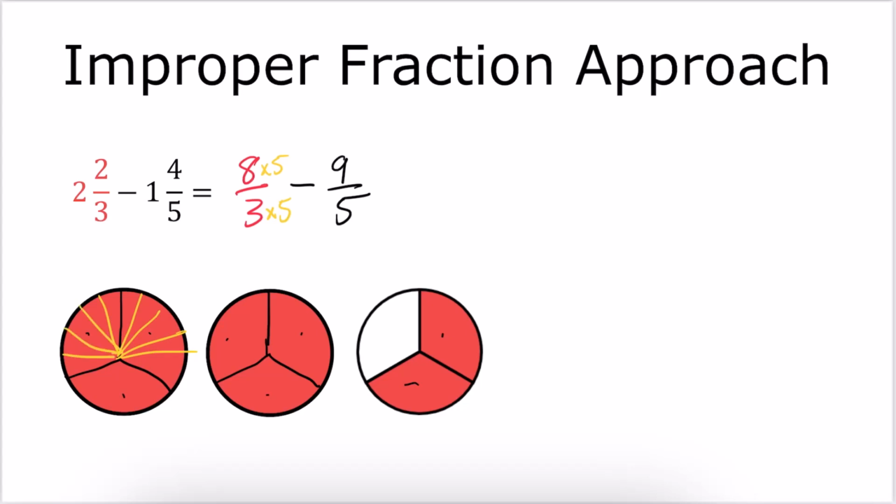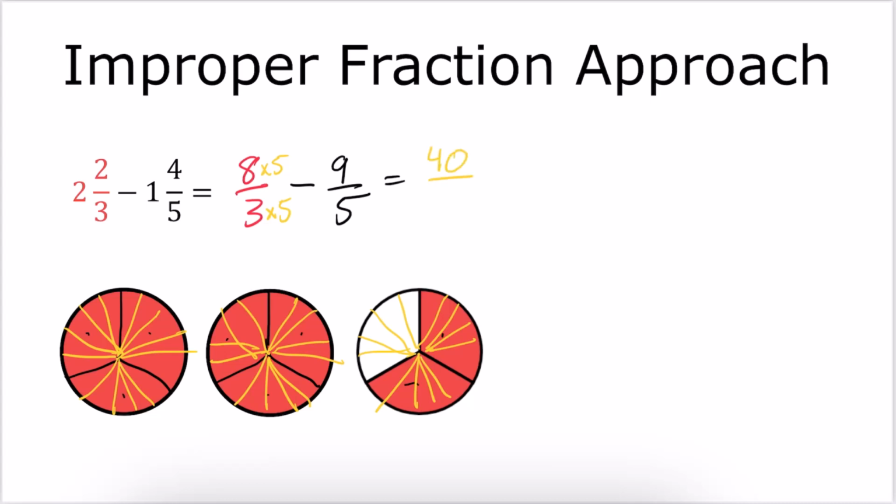I'm going to split each of these up into 5 extra pieces. Sorry, these are really bad lines, but you guys get the idea. That we would cut these up into fifths, which gives us a total of, I think it's going to be 40, because each one of these thirds is now 5 little pieces.